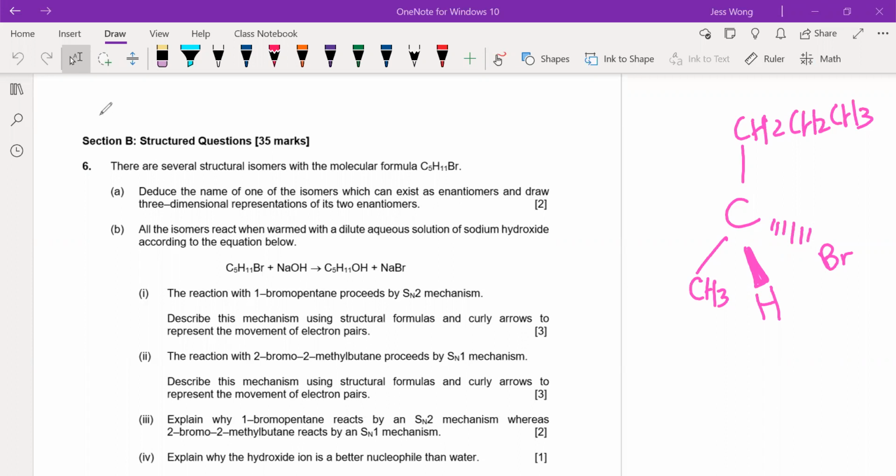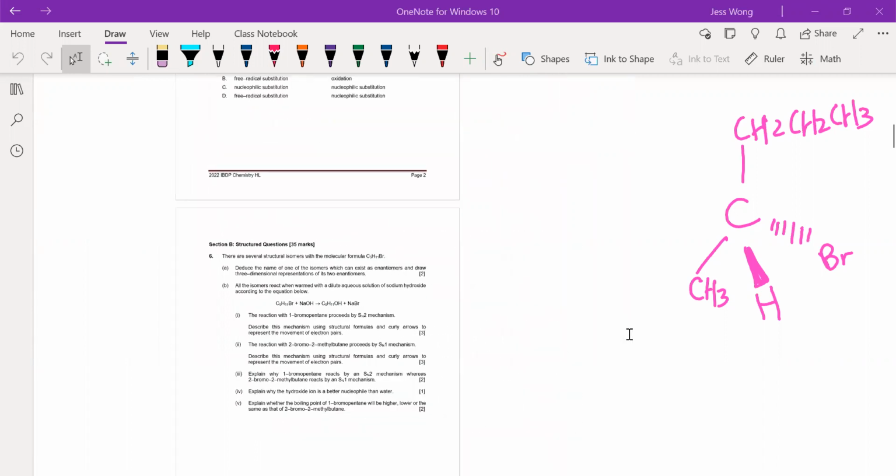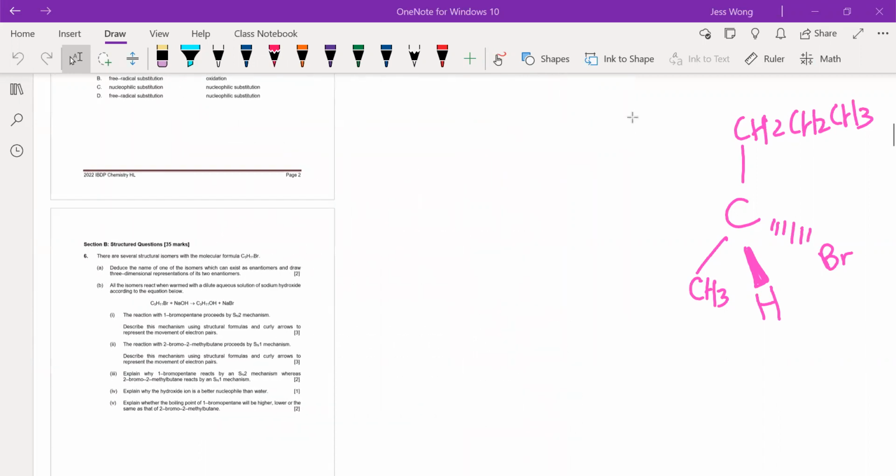So with this, now what you do is prepare its mirror image. You can just visualize a mirror. Now you copy this whole thing over. See, the group that is closest to the mirror is the CH3. You can see this group here is the closest to the mirror. So you do the same for that.